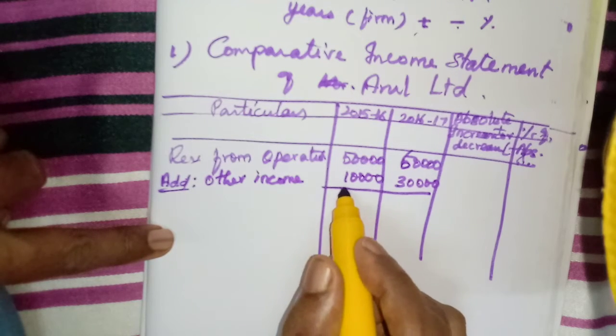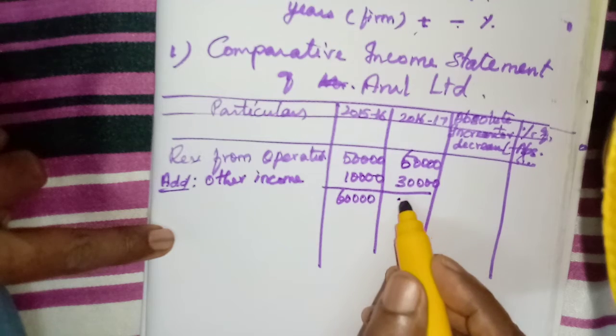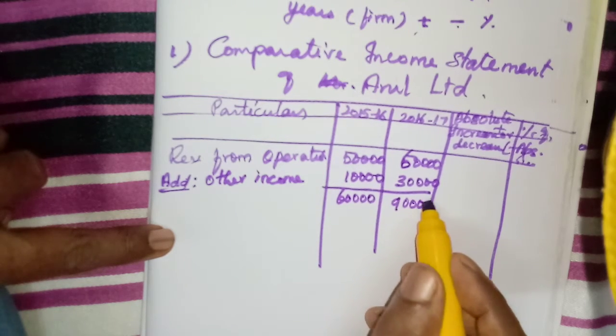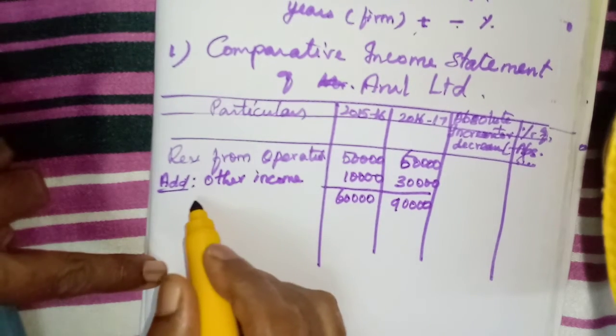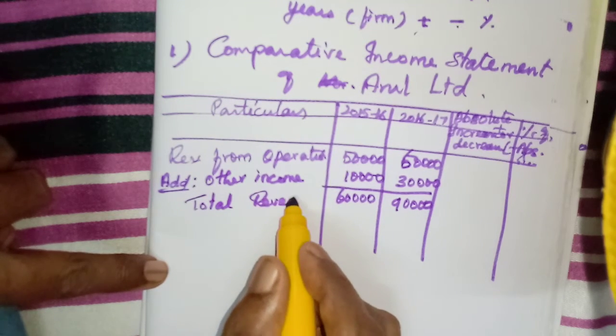Add and write 60,000, 90,000. This is total revenue, which you have to write extra.